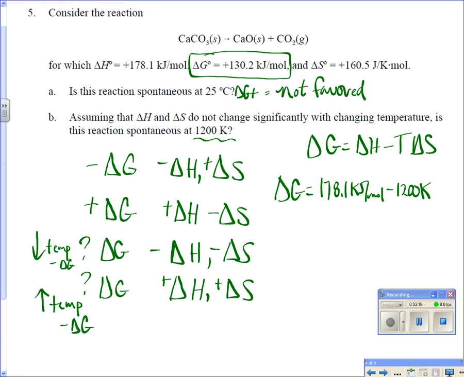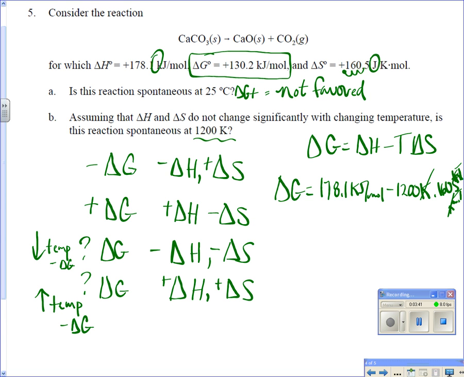And then my delta S, which is positive, but remember, joules, kilojoules, ding, ding, ding, we've got to move the decimal over. Don't ever forget that with S. So 0.1605 kilojoules per K mole. So again, our K's cancel.